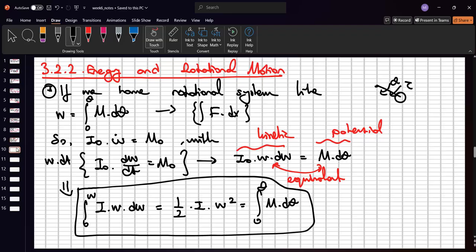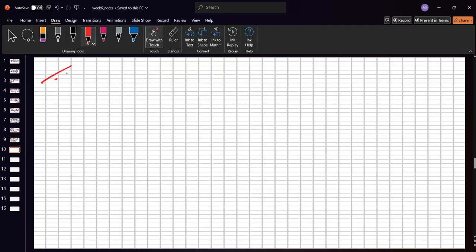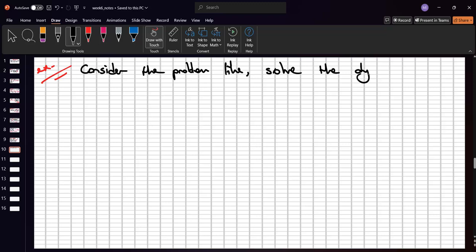So, how we can analyze these terms? The example can be built with the what? Consider the problem like solve the dynamic problem, okay?